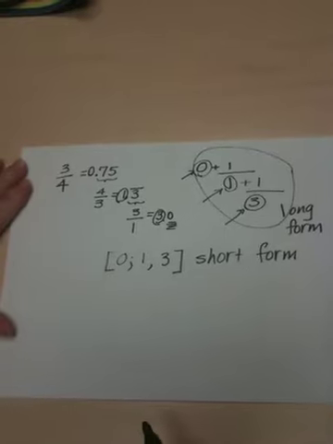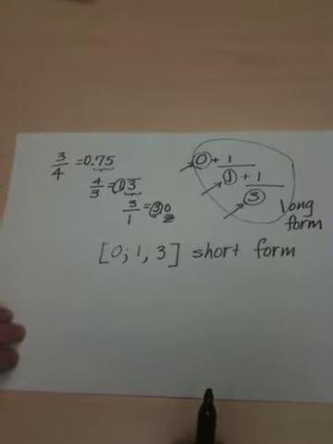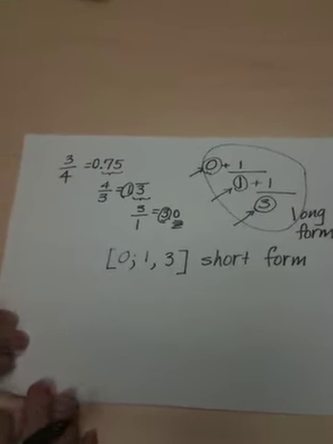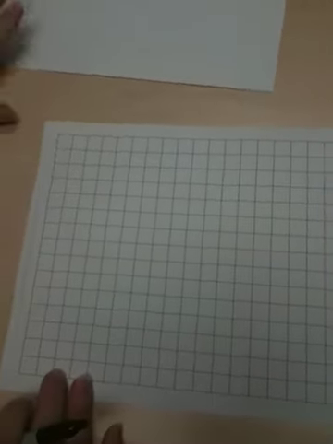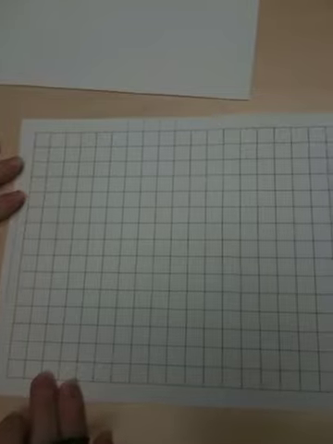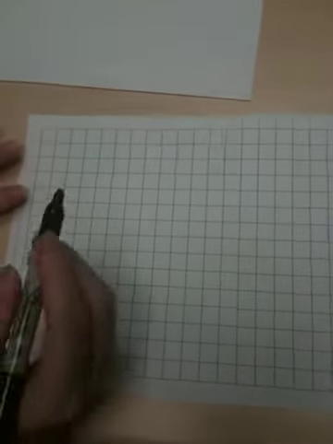And then the third representation is to use it geometrically. So I'm going to switch over to graph paper, and we can do 3/4 or we can do more exciting. Let's do 3/4.